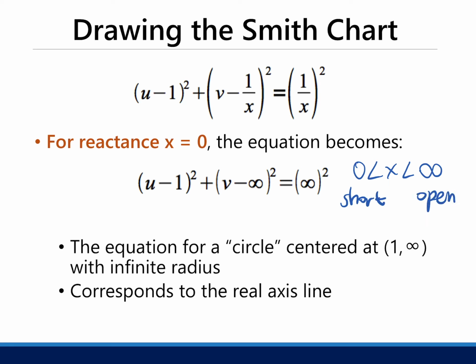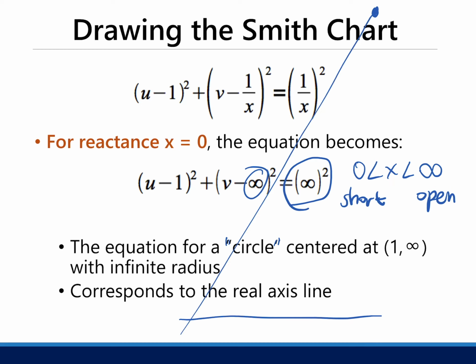If it's a short circuit, then the radius of the circle is infinity and its center is located at infinity. So it's a circle, quote unquote. That means it's just a line. It's very far away. Let's say the center is right here.